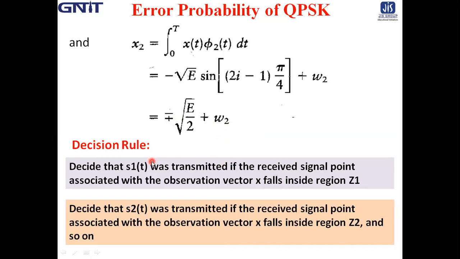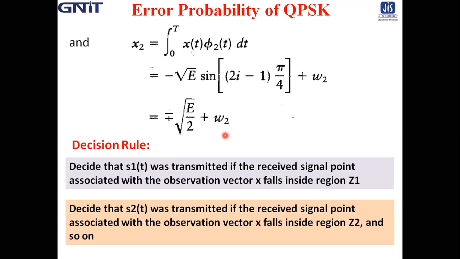Now what is the decision rule? The observable elements x1 and x2 are sample values of independent Gaussian random variables with mean values equal to plus or minus square root of E by 2 and minus or plus square root of E by 2, with a common variance equal to N0 by 2.